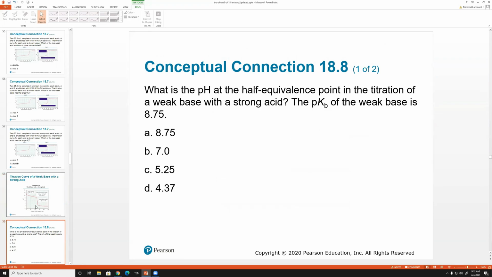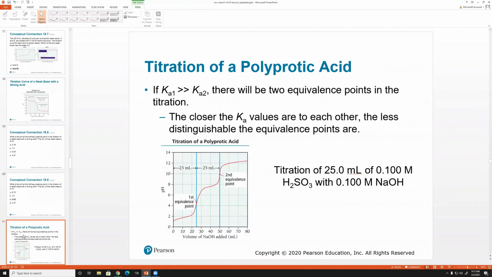So what is the pH at the half equivalence point in the titration of a weak base with a strong acid, and the pKb of the weak base is 8.75? If we know that at the half equivalence point pH equals pKa, the relationship between pKa and pKb is 14 minus pKb equals pKa. So 14 minus 8.75 is 5.25.